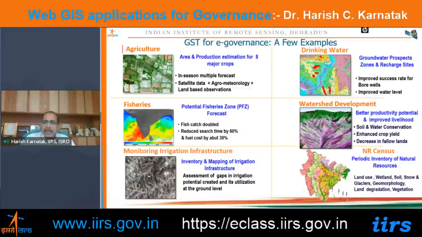Another interesting area is called NR census. Maybe this term is very new for you. This is the natural resource census. You must know about the population census of India, which we do every 10 years. Similarly, we have another program called natural resource census.